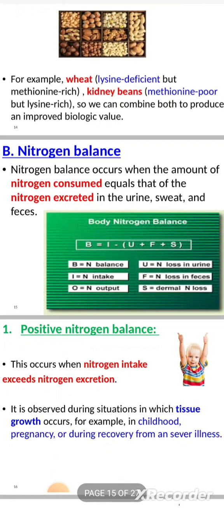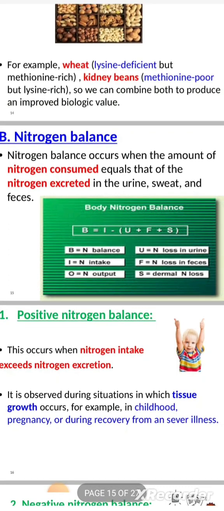Nitrogen balance is concerned with protein breakdown. You know the breakdown of proteins gives amino acids. They have a nitrogen group and a carbon skeleton. Nitrogen is excreted by conversion to urea and secreted in the urine. Nitrogen balance occurs when the amount of nitrogen consumed equals the amount of nitrogen excreted.